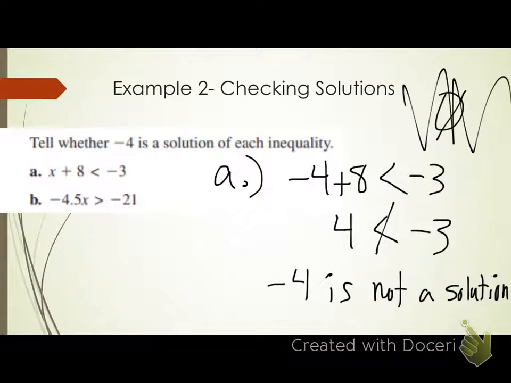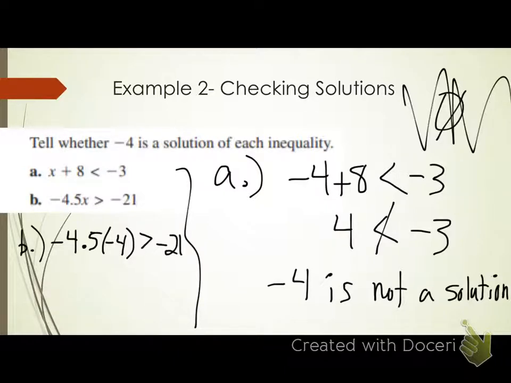Questions on A? Do we understand that concept? Okay, letter B. Negative 4.5x is greater than negative 21. How am I checking to see if negative 4 is a solution or not? Plug negative 4 in for x. What's the operation going on between negative 4.5 and x? Multiplication. So when I plug in negative 4, I've got to make sure it's being multiplied by negative 4.5.